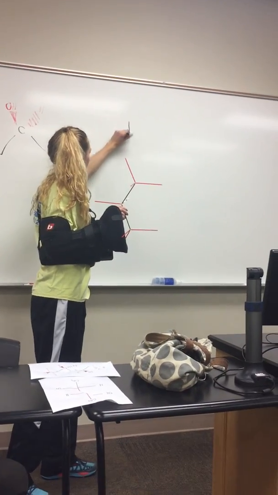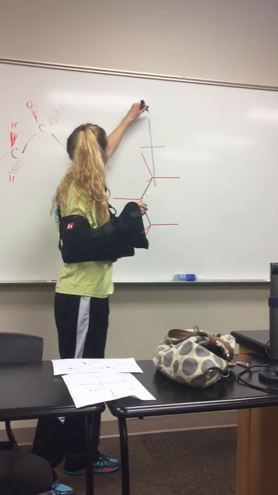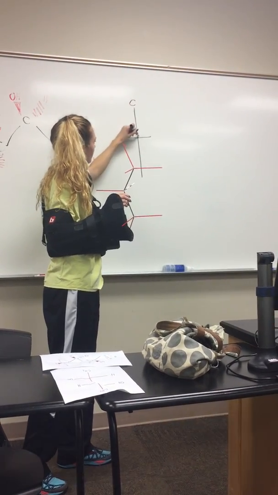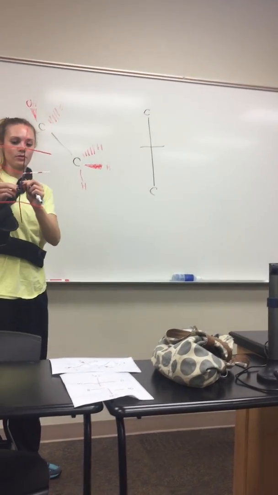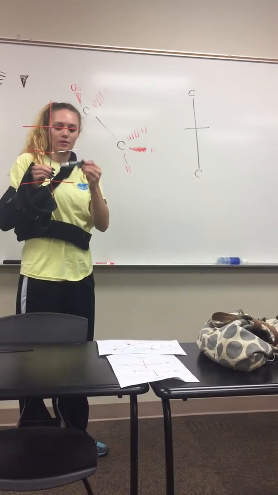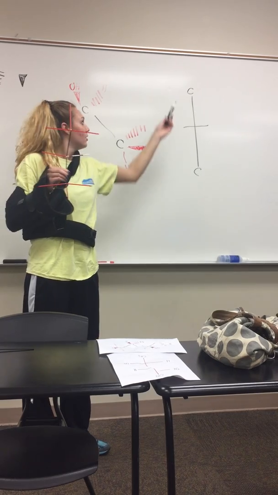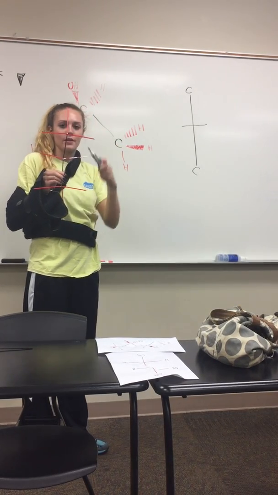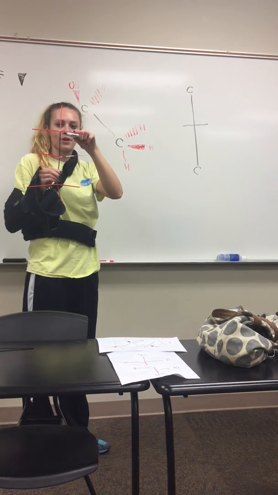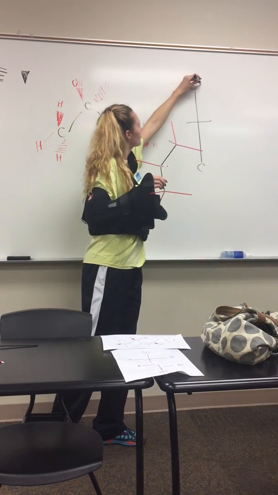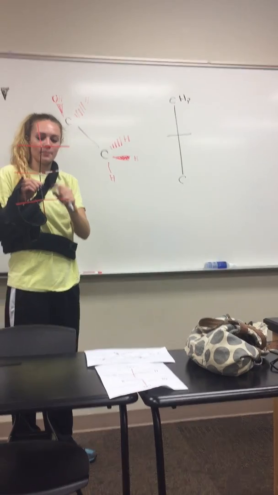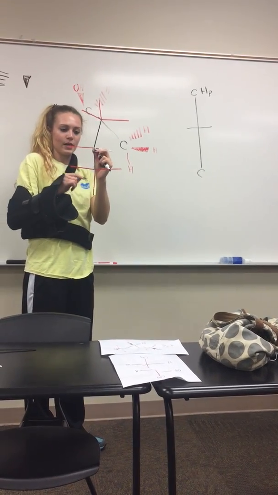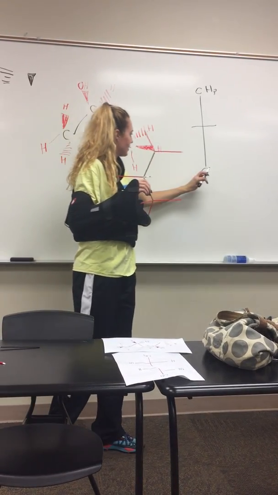We have 3 carbons, so we know there's a carbon here, here, and here. Just like in our molecule, you can see there's a carbon here, here, and here. And there are 3 hydrogens attached to the first carbon, so we're going to call that a CH3. And it's the same as the bottom, 3 hydrogens, so we're going to also call that a CH3.